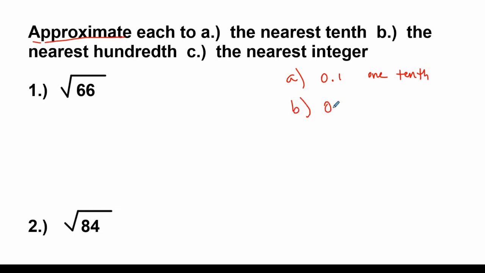Our hundredths, we're going out 2 decimal places. And the nearest integer, well, the integers are the whole number portion of any decimal. So -3, 2, 17, -841, those are all integers.